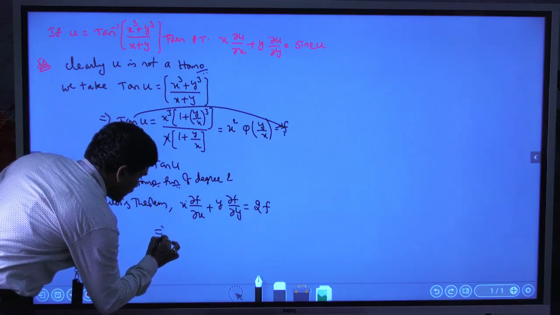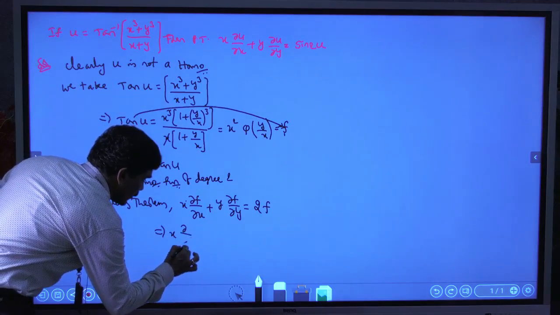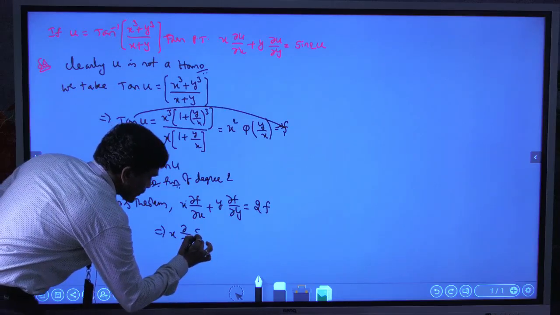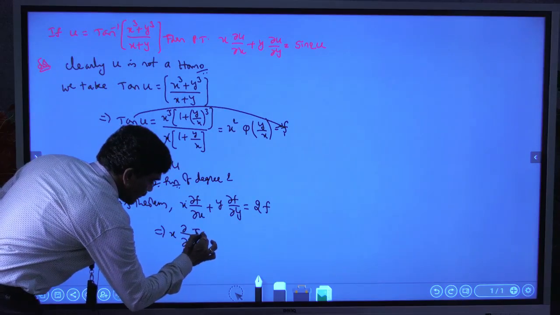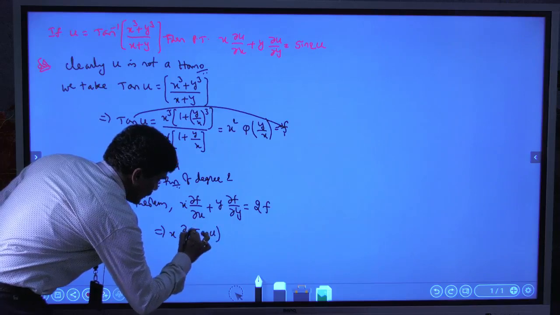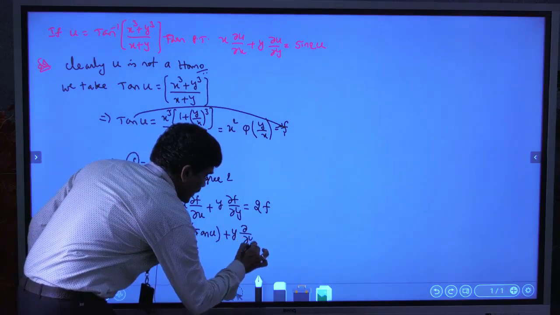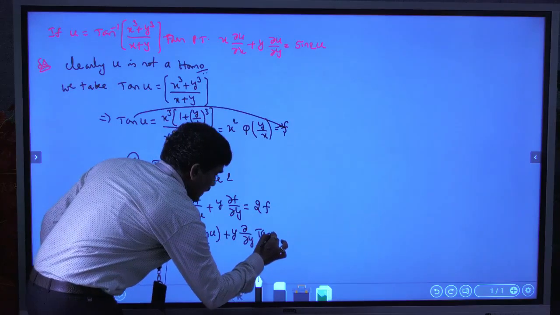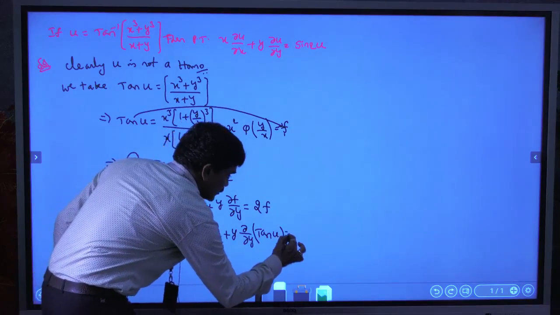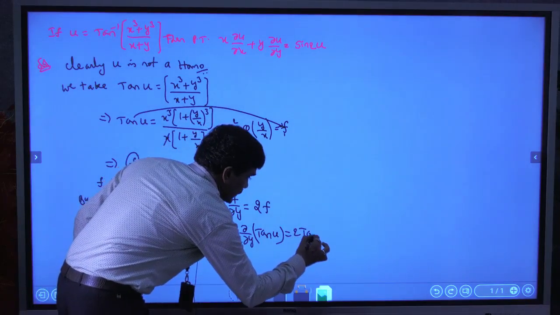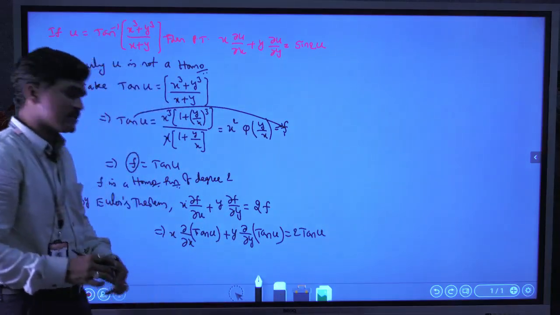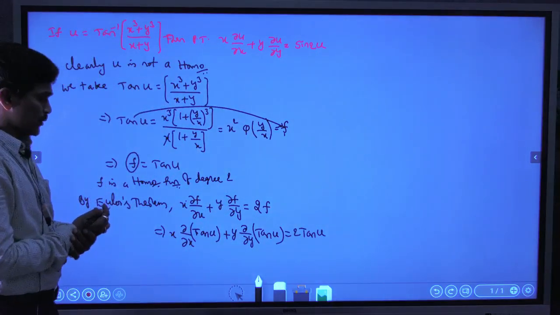Now write here x into dou by dou x of f, which is tan u, plus y into dou by dou y of tan u is equal to 2 tan u. Just replace f with tan u.